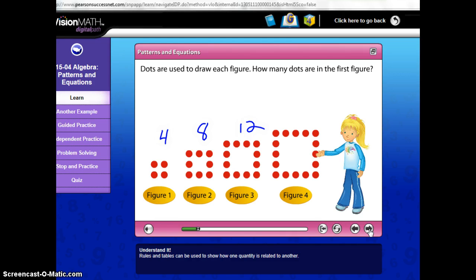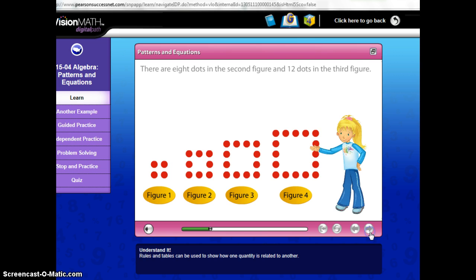And how many dots in this figure, America? Okay, do you see a pattern happening? All right, now, keep those in your mind. Four dots in the first figure, second, third.